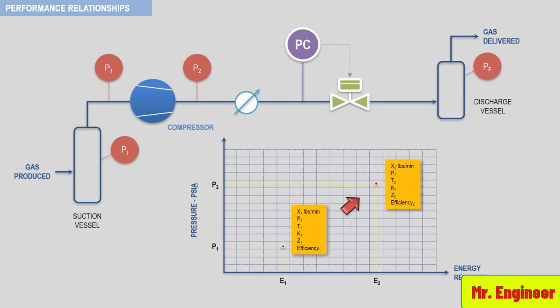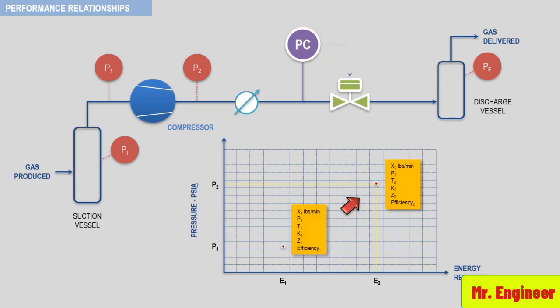The objective of the end user is to deliver a specified amount of a given gas to the process. Take a look at the following figure. It shows a simplified process scheme. Note here that our objective can be best stated by the following relationship. So, the gas flow produced, seen here, must be equal to the gas flow delivered.